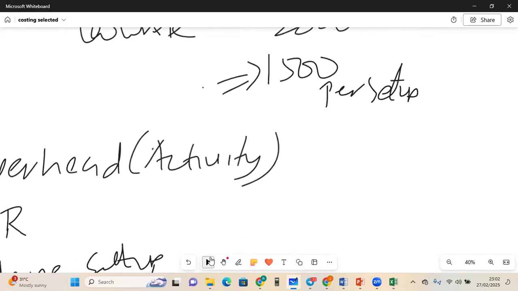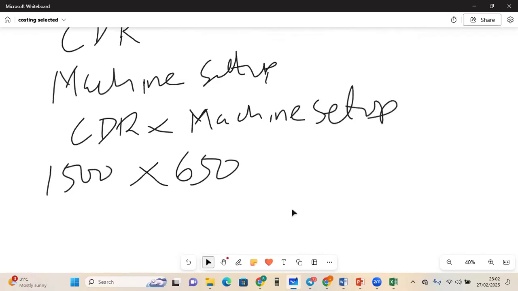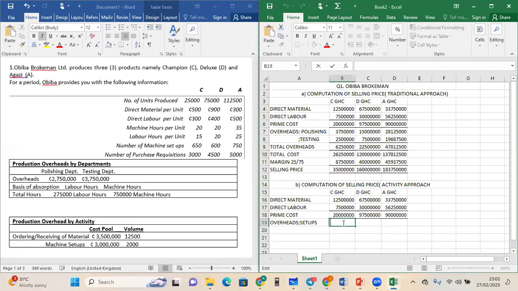So the 1,500 we had here, that's what we are going to use. The first one, for example, is times 650. So let's do that. It's equal to the 1,500 times this 650 that we are seeing.